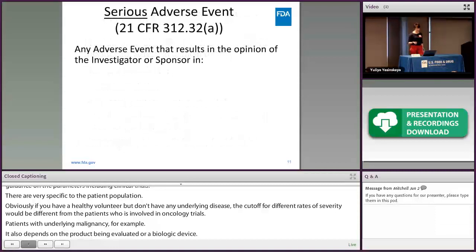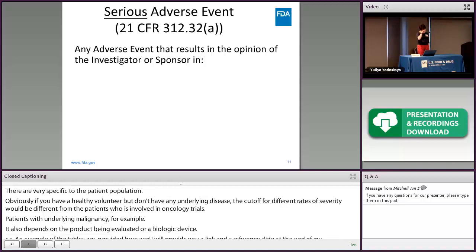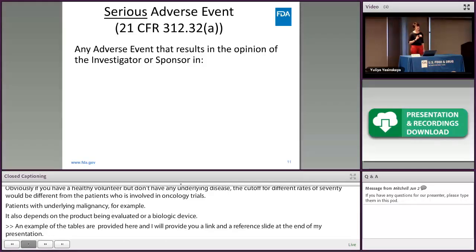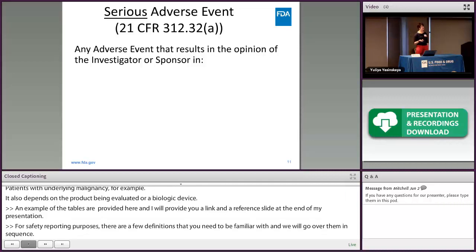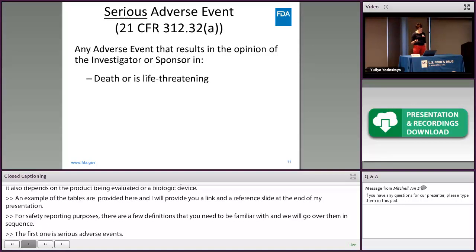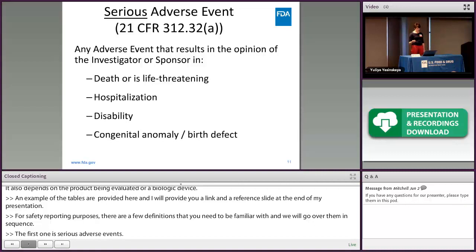So for safety reporting purposes, there are a few definitions that you need to be familiar with, and we'll go over them in sequence. The first one is serious adverse events. And the regulation defines the serious adverse event as any adverse event that, in the opinion of investigator or sponsor, results in death or is life-threatening, results in hospitalization or prolongation of existing hospitalization, results in disability, or congenital anomaly or birth defect.